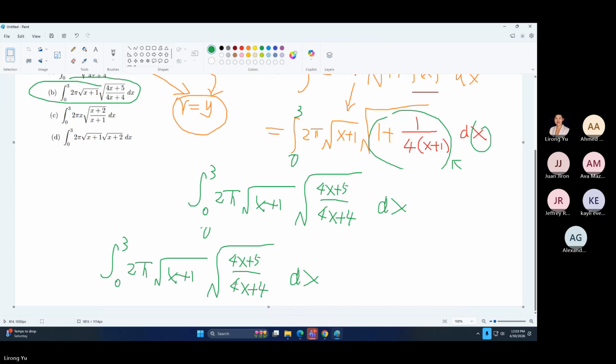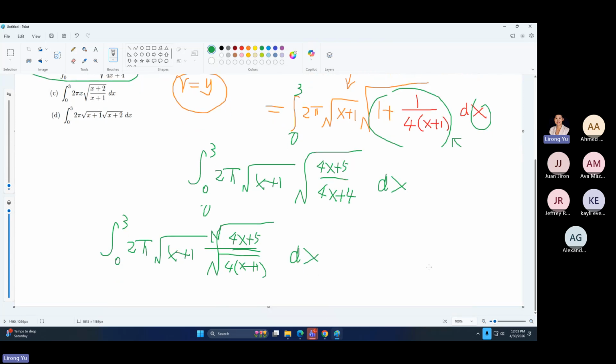It was originally 4 times x plus 1 there. So we can move it into a root of 4x plus 5 divided by root of 4 times x plus 1. With that, the 4 can get out of the root and become a 2. I mean, the root of 4 is 2, and that removes the 4 there. Then it becomes root of x plus 1, and root of x plus 1 will cancel the root of x plus 1.